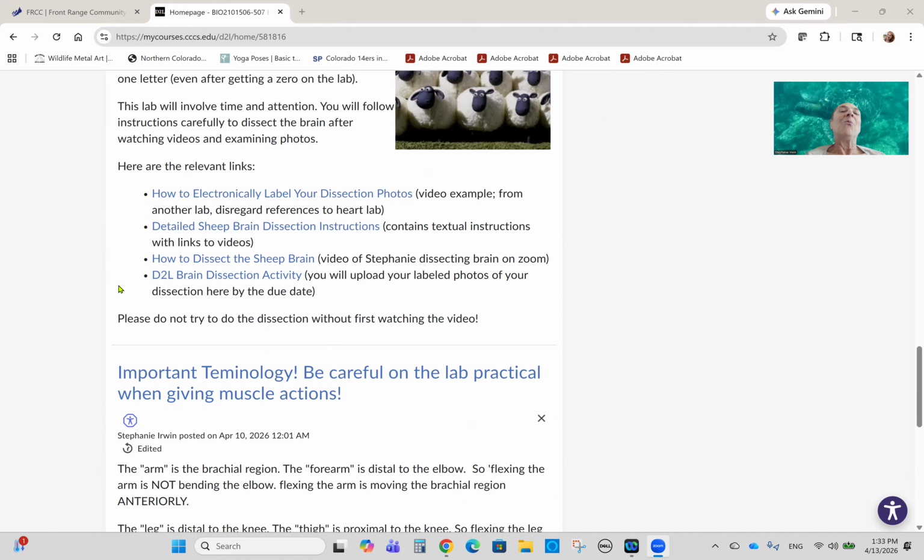And then when you have taken your pictures and when you have labeled them according to the instructions, you will be uploading those pictures into the quiz tool. In the quiz, it is D2L brain dissection activity. Again, this doesn't even open until Friday, but starting Friday, you can upload these pictures, and then you have through the following Saturday, the 24th.